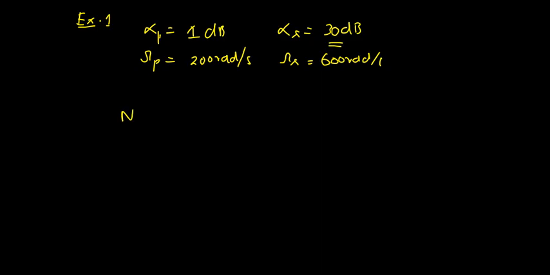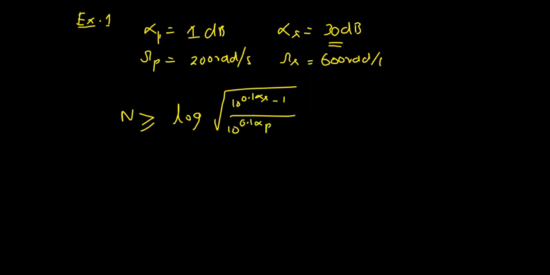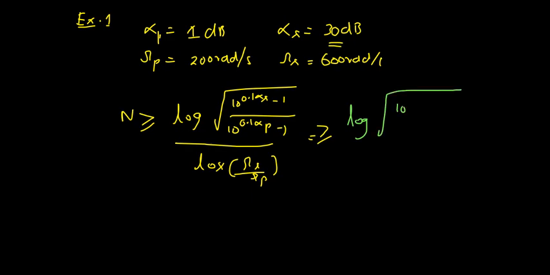What is the formula for n? n is log of square root of (10 power 0.1 alpha s minus 1) by (10 power 0.1 alpha p minus 1), by log of omega s by omega p. Substituting, alpha s is 30, so 10 power 3 minus 1, by 10 power 0.1 minus 1, by log of omega s by omega p, which is 600 by 200.